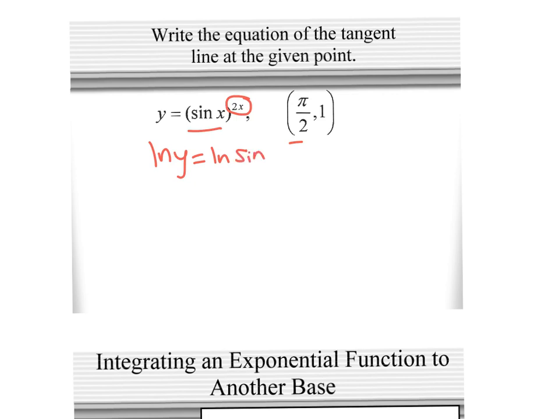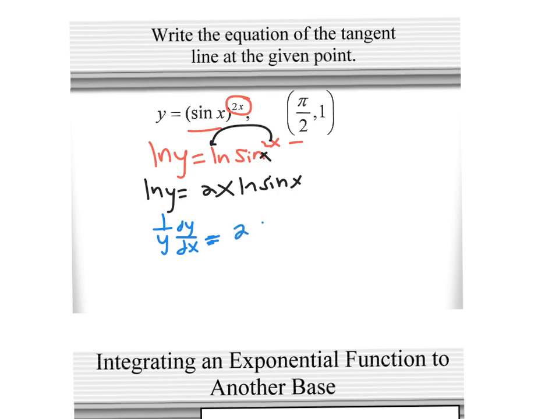And again, the whole point of this is so your exponent goes right down in front. It's one of those nice rules about logs. That's a sine of x, by the way, not just sine. And now you have to use product rule, but take the derivative of both sides. So this turns into 1 over y dy dx equals, and then product rule.